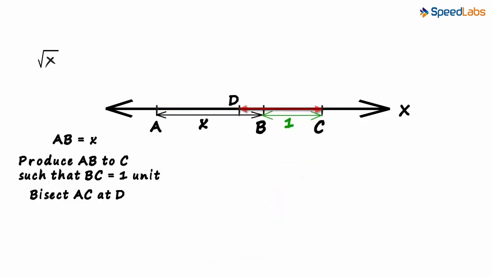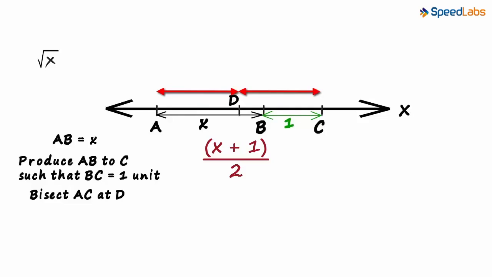Let's review what we just did. We had to plot root x. We took AB equal to x units on the axis, extended it by 1 unit to form AC, and then we divided AC into 2 equal parts at point D. So if AC is equal to x plus 1, then AD and DC will equal x plus 1 divided by 2.